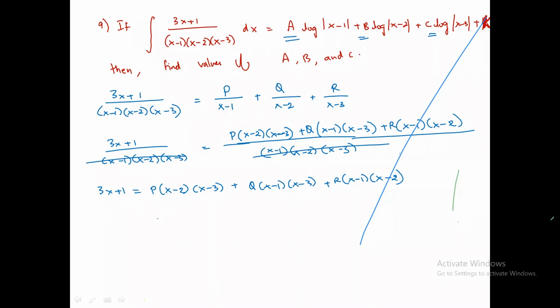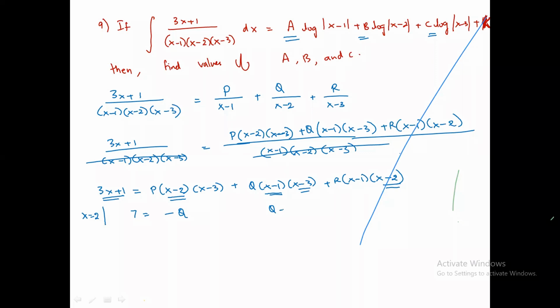Okay, so what happens? How will I find PQR? I will take x equal to 2. When you take x as 2, what will I get here? 7. This will become 0. So I'll remove. Then here I will have 2 minus 1, 1. 2 minus 3, minus 1. That means I will have minus Q, and the last term will become 0.